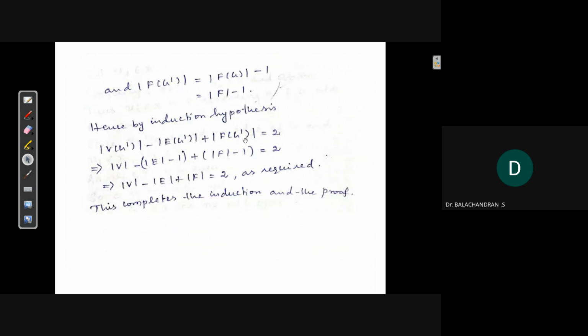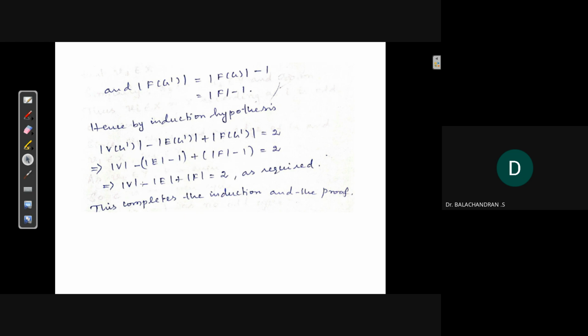The number of faces in G dash is the cardinality of F minus 1, equal to 2. Now the cardinality of V minus the cardinality of E, and then plus 1 minus 1 gets cancelled, plus the cardinality of F equals 2.